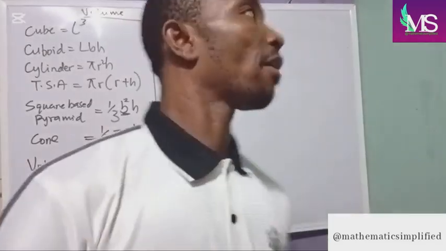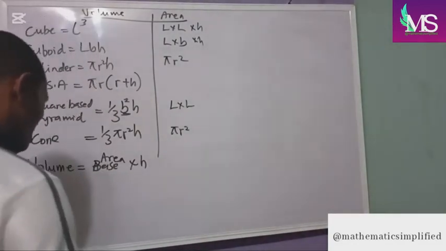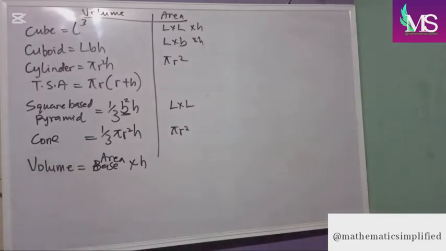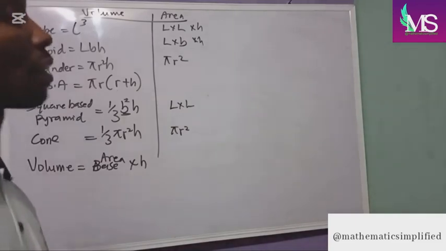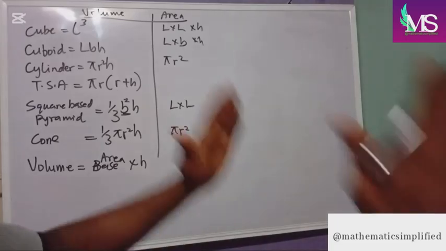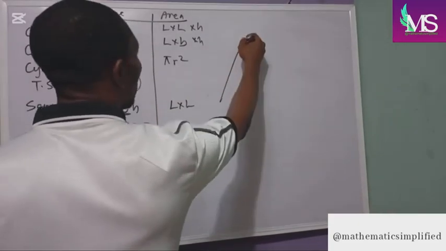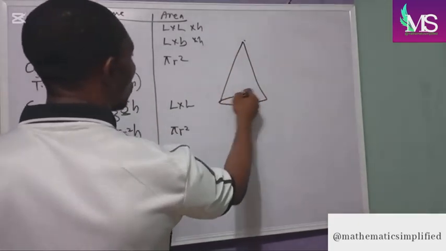Now, after having said that, we looked at frustums, which was what we did today. In order to calculate our frustum, we form the whole cone, or form the whole pyramid, from our frustum.